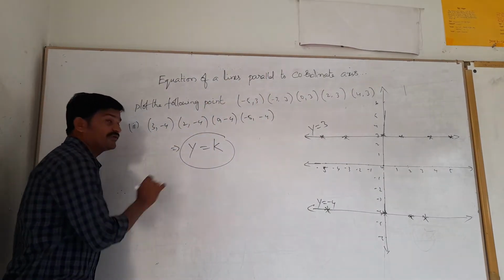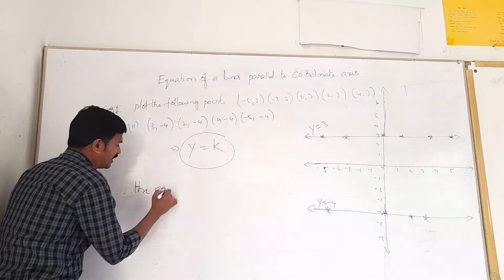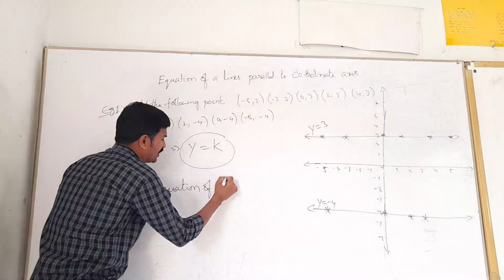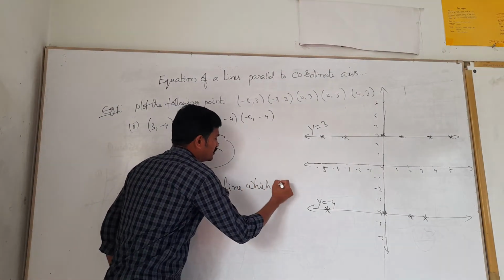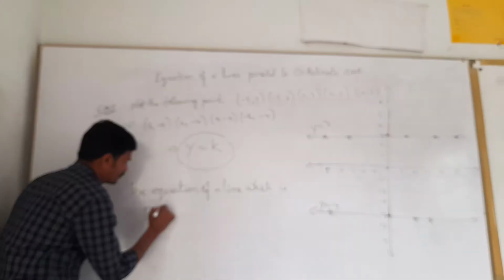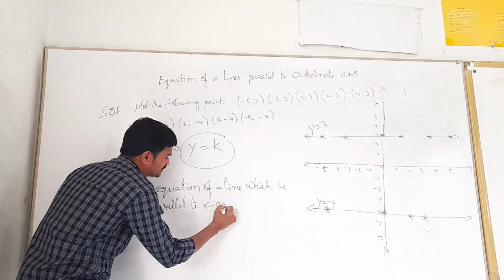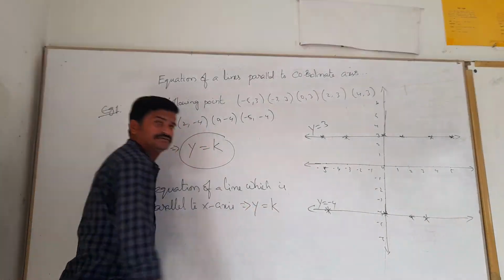Therefore, the equation of a line which is parallel to x-axis is y equals to k, we will get it.